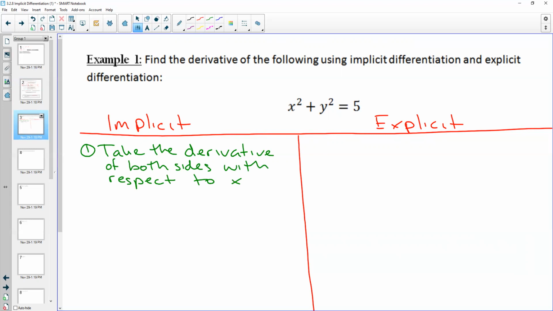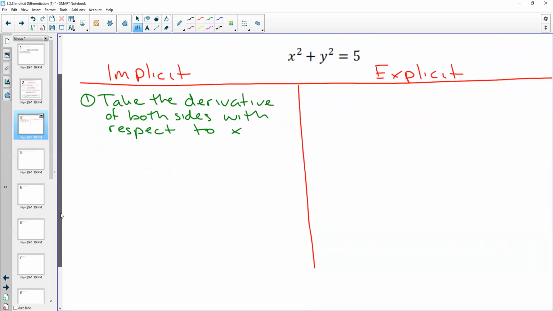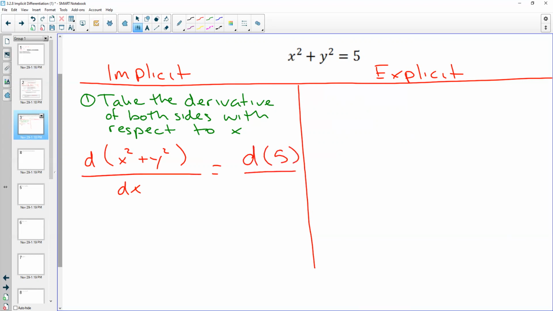So how will we write this? The derivative of x squared plus y squared with respect to x is equal to the derivative of 5 with respect to x. Remember our sum rule, or our addition rule?